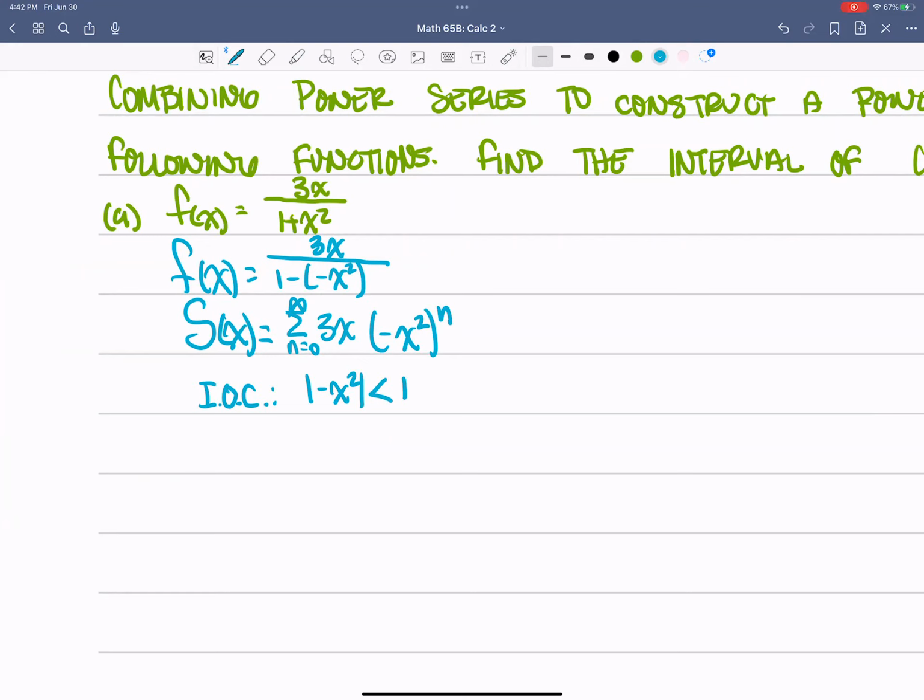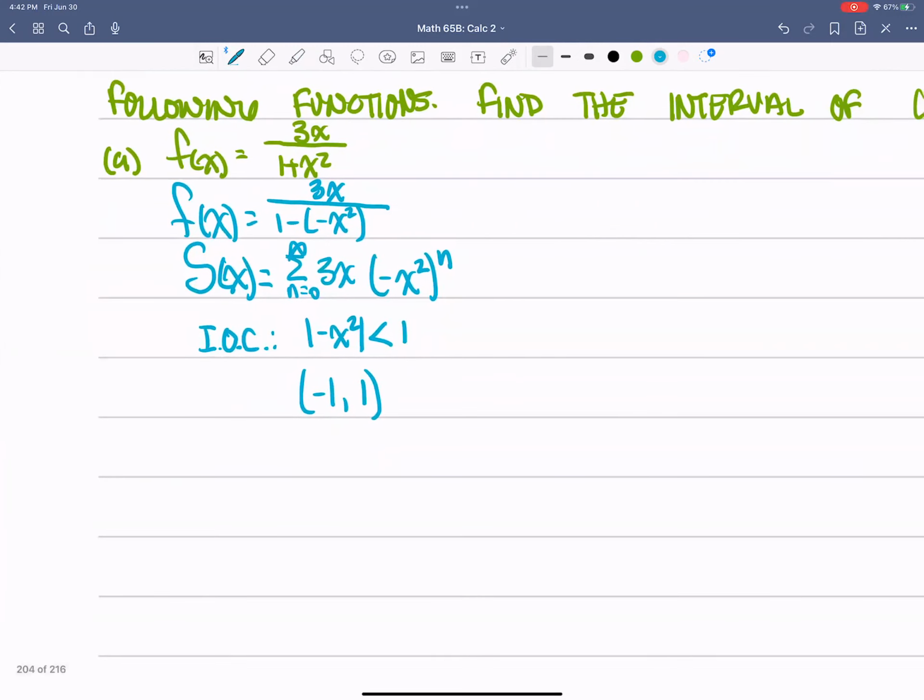Since we're taking the absolute value, all of those values are going to be positive. So we're just looking at the absolute value less than 1. From here, we know that these values are going to be from negative 1 up to 1. That's our interval of convergence, but we can make this look just the tiniest bit better.